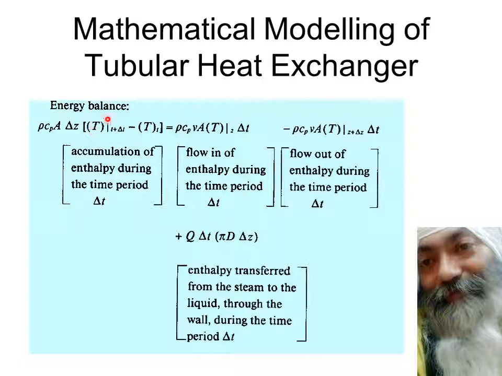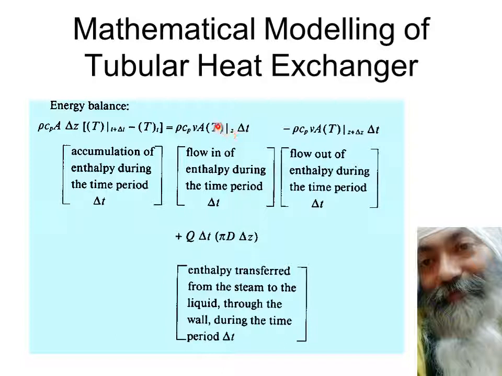So in the numerator you will have the delta of temperature, divided by, in the denominator, delta of small t, that is time. So ultimately what you will have is the rate of change of temperature with respect to time here. Because it's getting divided by delta t and by delta Z, this delta t will get cancelled and it will be divided by delta Z.